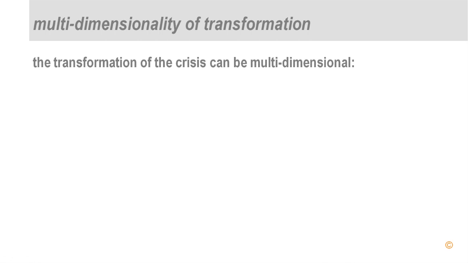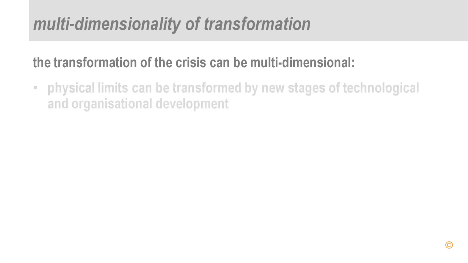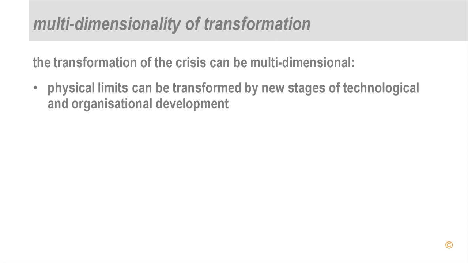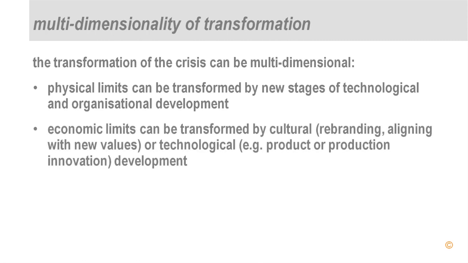Not only the limits to development are multidimensional, but the transformation of a system to a new stage of development is also multidimensional. For example, physical limits can be transformed by new stages of technological or organizational development. Or economic limits can be transformed by cultural or technological developments.